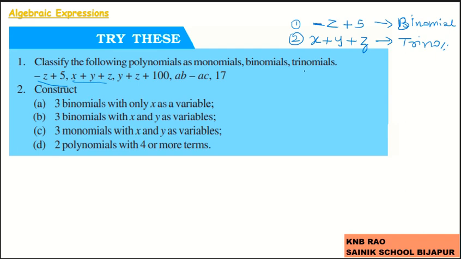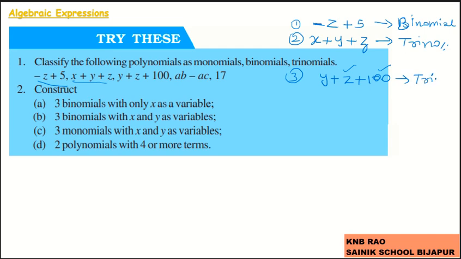Next, in the third one, y plus z plus 100, it has three terms again. One is y, the first term, the second term is z, and the third term is this number 100, which we call a constant term.